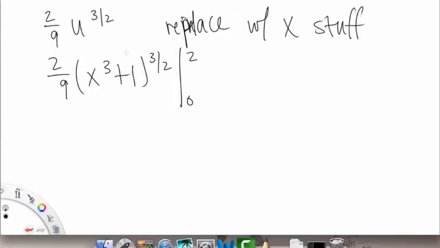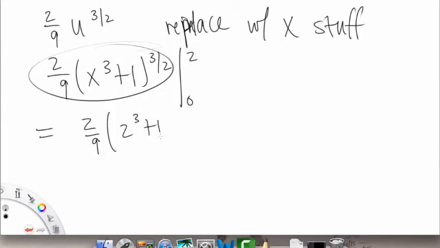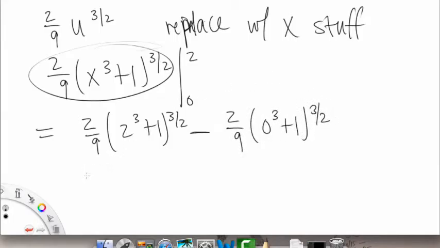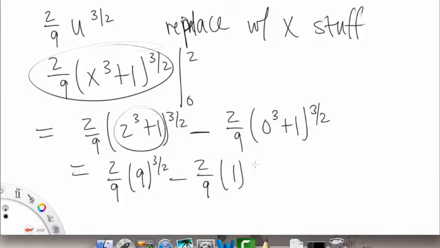We're going to evaluate this antiderivative at 2, and then minus the antiderivative at 0. So this is going to be 2 over 9 times 2 to the third plus 1 to the 3/2 power, minus 2 over 9 times 0 to the third plus 1 to the 3/2 power. Inside here we have 2 over 9 times 9 to the 3/2 power, minus 2 over 9 times 1.